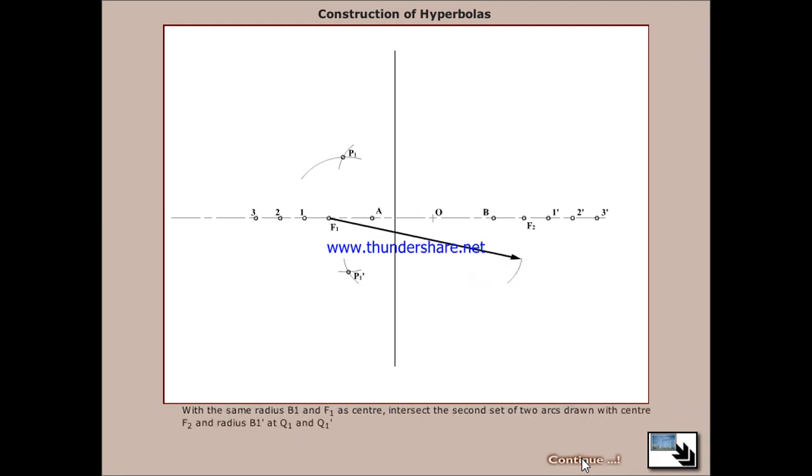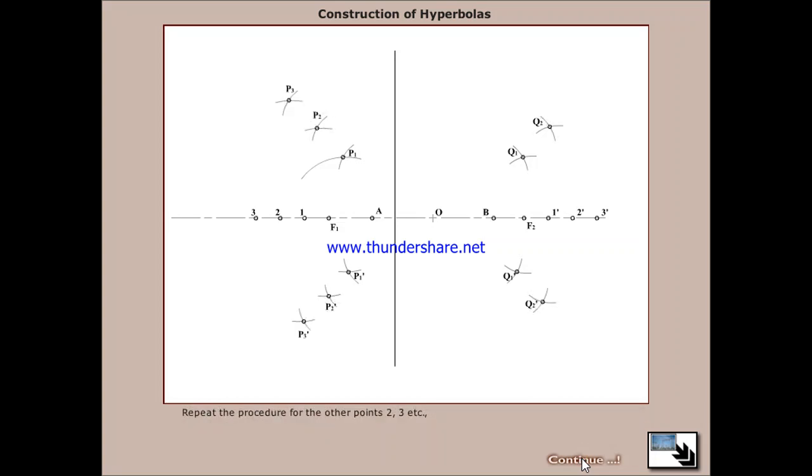With the same radius B1 and F1 as center, intersect the second set of two arcs drawn with center F2 and radius B1 dash at Q1 and Q1 dash. Repeat the procedure for the other points 2, 3, etc. Now join these points and obtain a smooth curve.